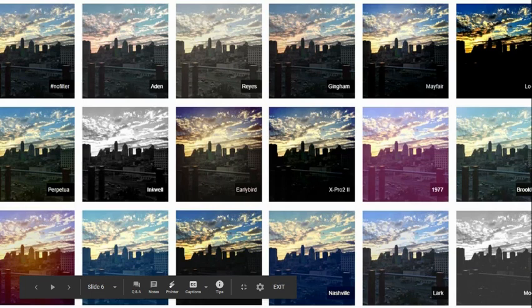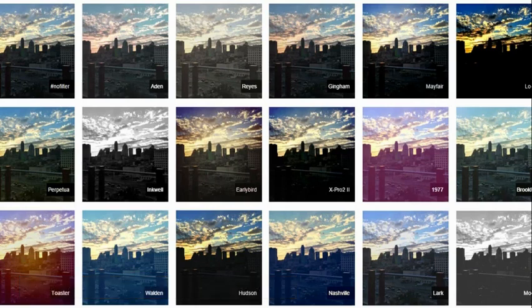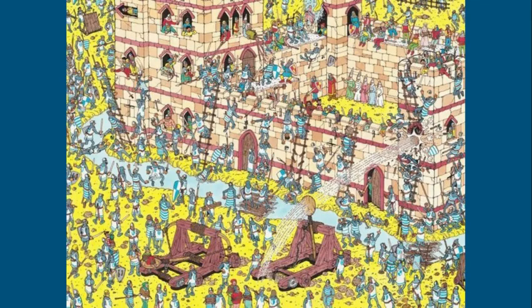Now, filters on phones give us different points of view. And I had mentioned this when we started our drawing practice. But what our brains do is we can tell our brain to focus on something different.